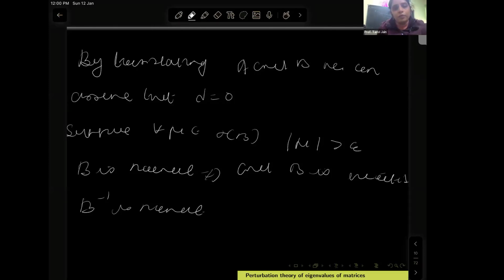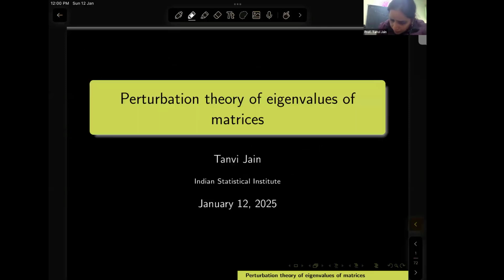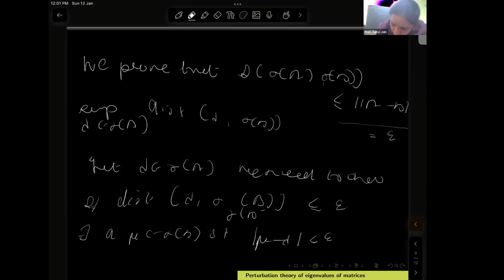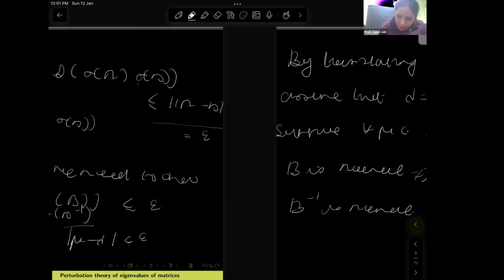And for a normal matrix, what will be the eigenvalues of B inverse?